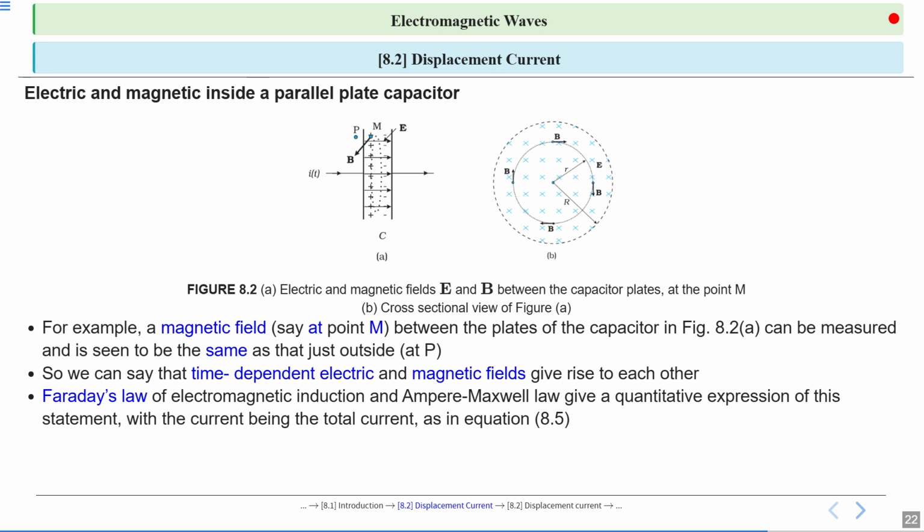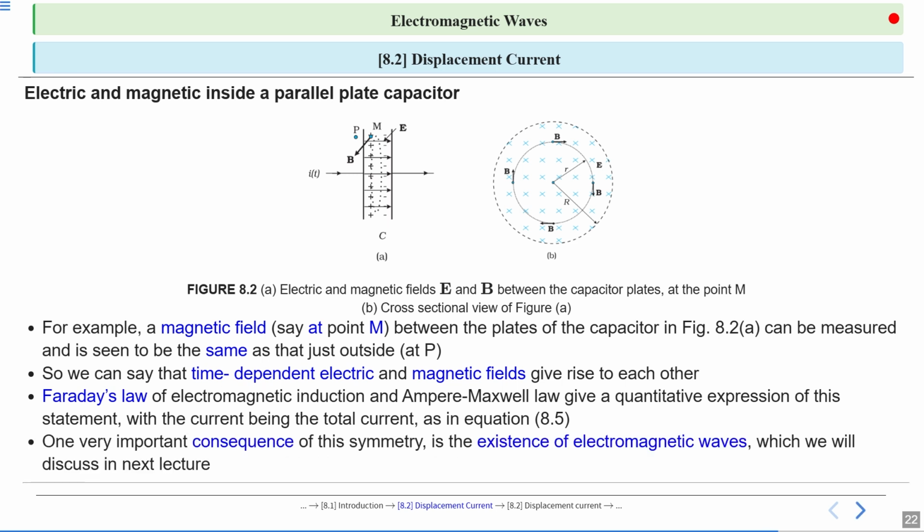One very important consequence of this symmetry is the existence of electromagnetic waves, which we will discuss in the next lecture. Due to this, Maxwell concluded that light is an electromagnetic wave.